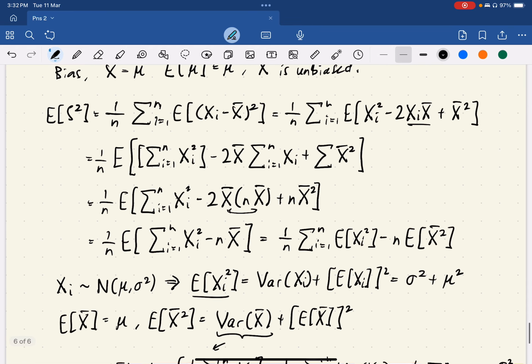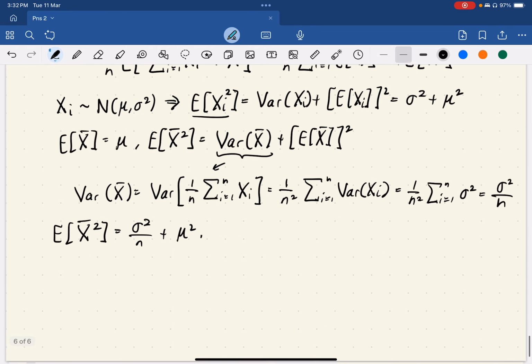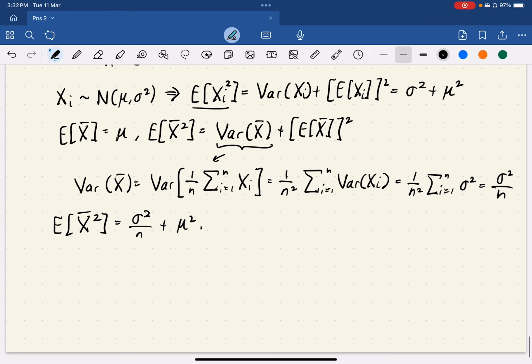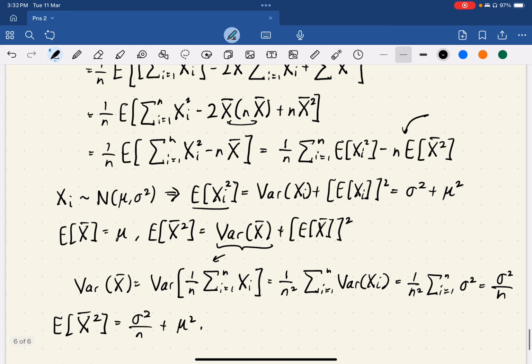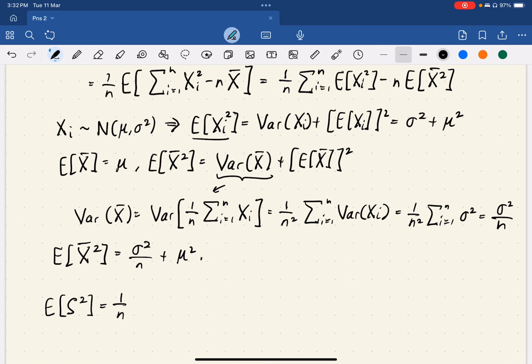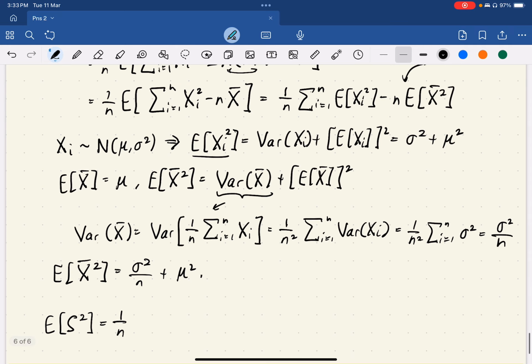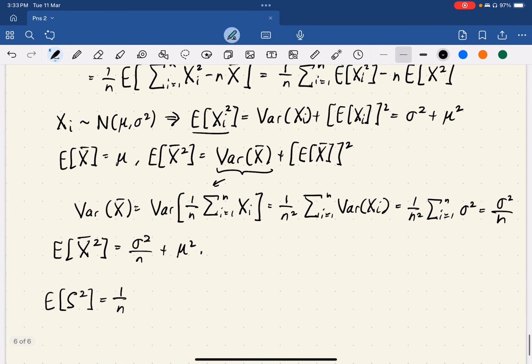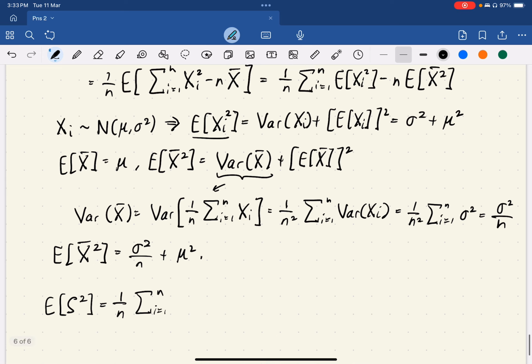For this expression, we can find our final value, which is the expectation of the sample variance from earlier: 1 over n, the sum from 1 until n.